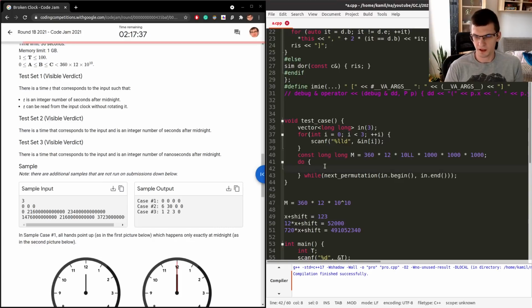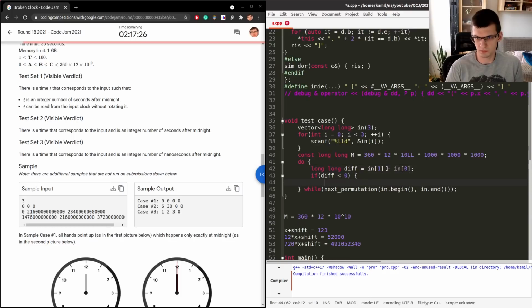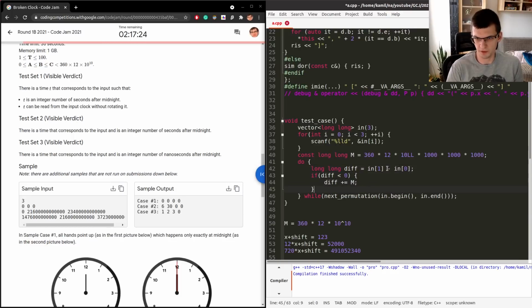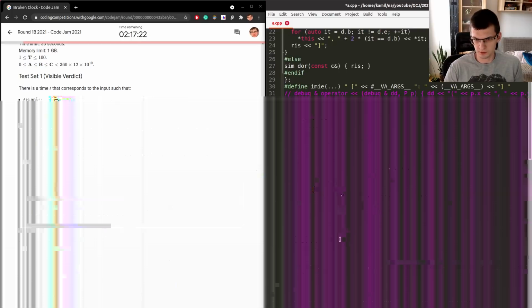Alright, I assume that, no, second value minus first, modulo m. Now this is equal to 11 times x.